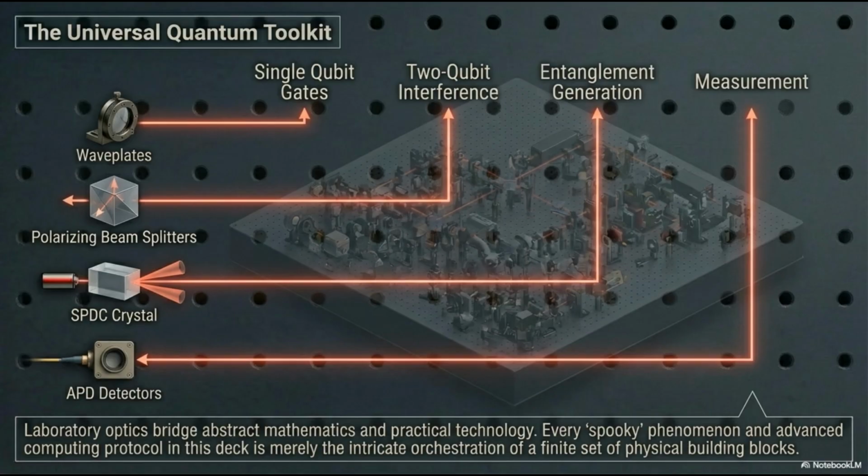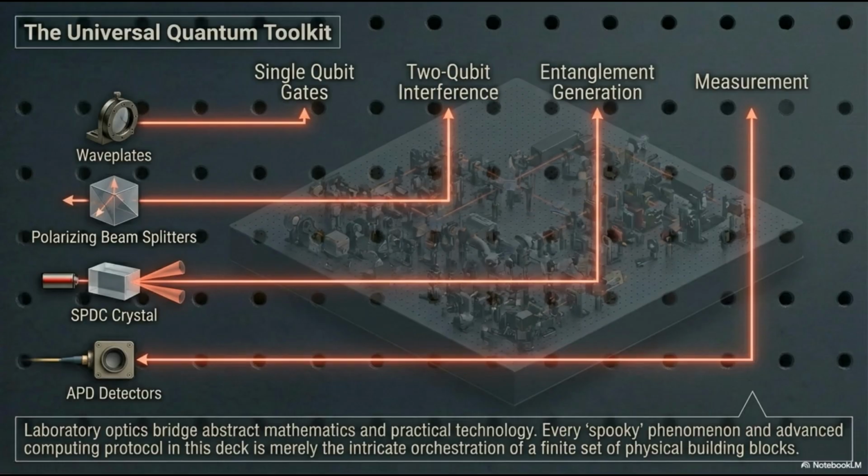Together, these four tools are sufficient to implement every protocol in the series: single qubit state tomography, quantum random number generation, Bell inequality testing, quantum teleportation, BB84 key distribution, and the linear optical probabilistic C0 gate.